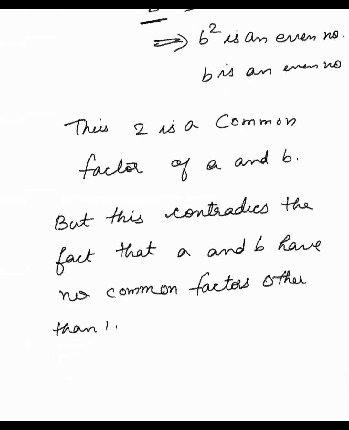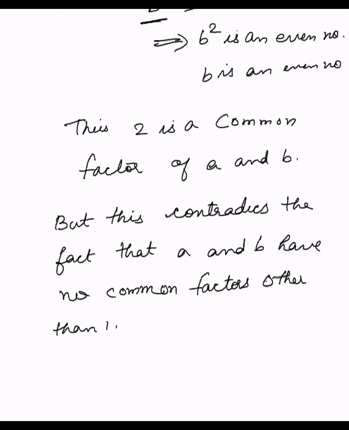So the contradiction arises by assuming that root 2 is rational. Hence, root 2 is irrational. That's all. Got it? So why did the contradiction come? Because we assumed root 2 is rational, right? And that was the root cause of all the problem. So we just assume that no, root 2 is not rational, root 2 is irrational, and that's it.